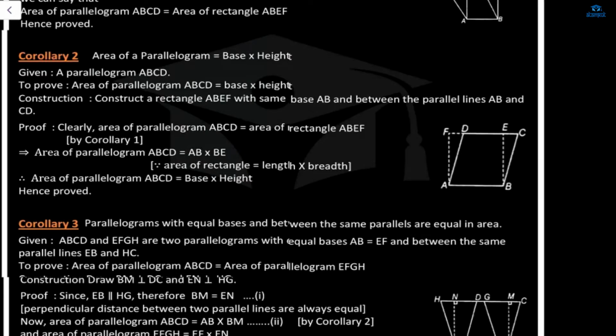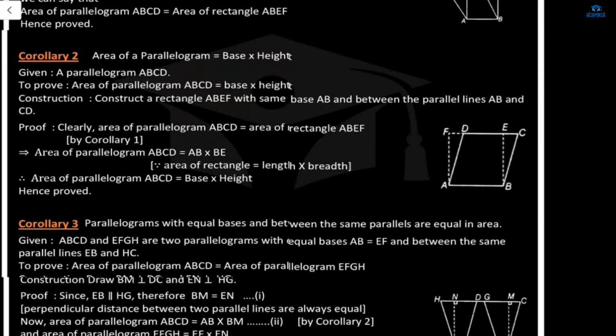So you can see here, it's a proof. See, in the figure, we have given a parallelogram ABCD. Any doubt? Okay, no. Now we need to prove that the area of the parallelogram is base into height. So what we are doing is constructing a rectangle ABEF, drawing perpendiculars BE and AF.